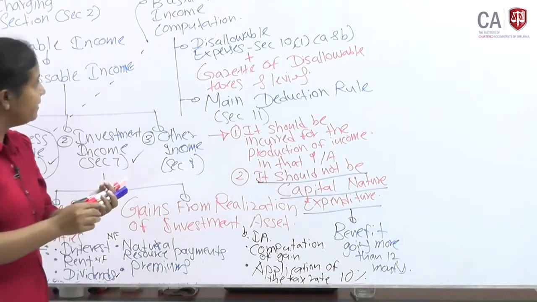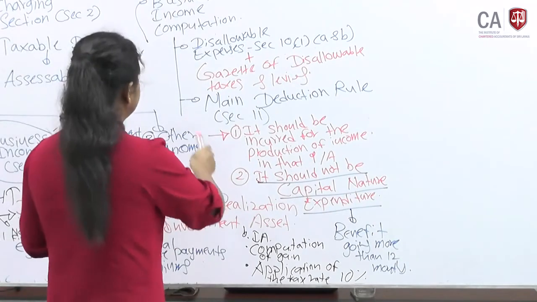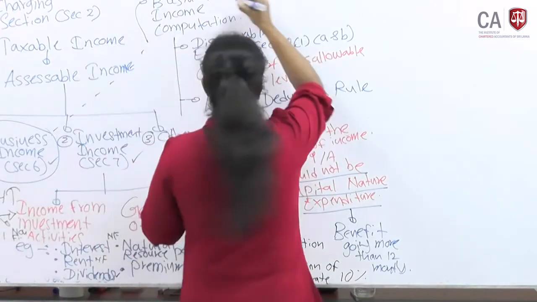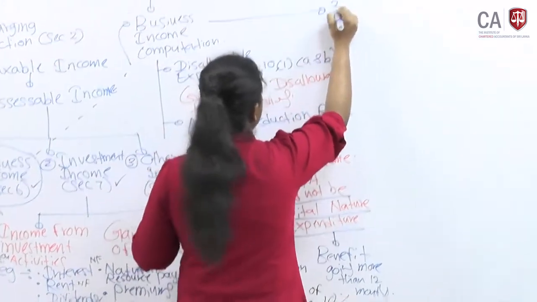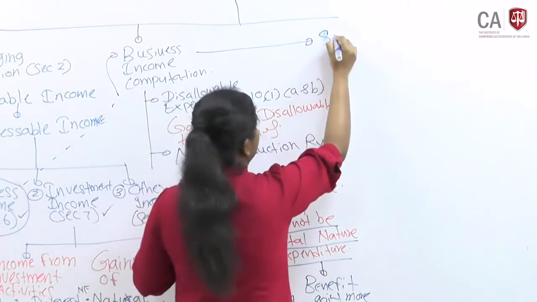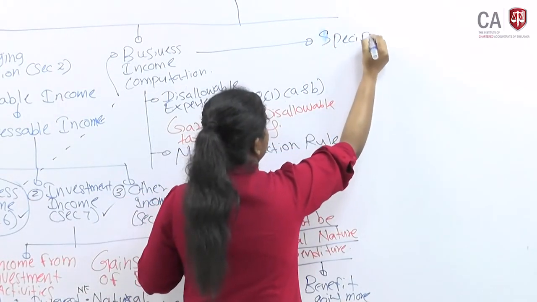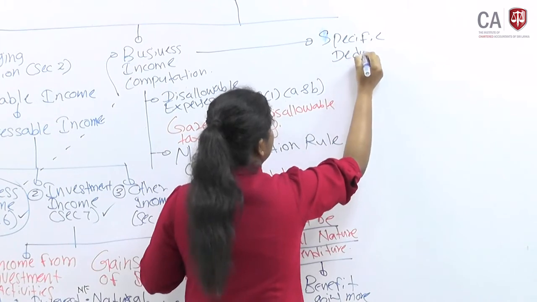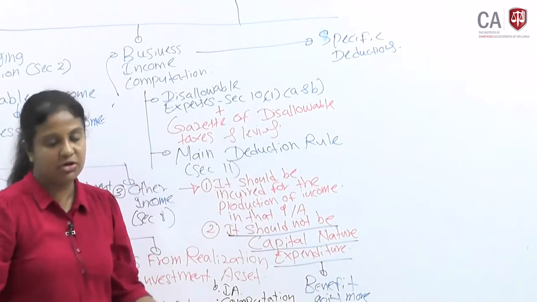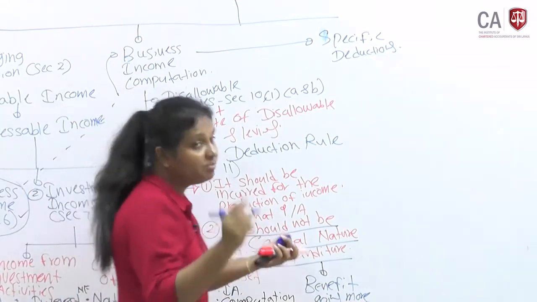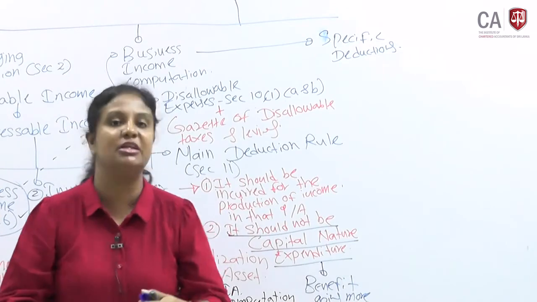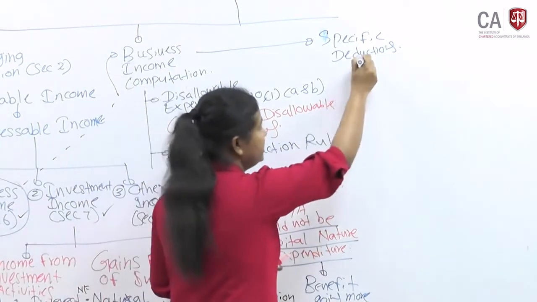Okay. Then we will go to the second and the third part. The third is the specific deductions. Specific deductions, the list you all know, I am not going to explain it further, but when doing the company taxation question in the business income calculation, I will come to this.